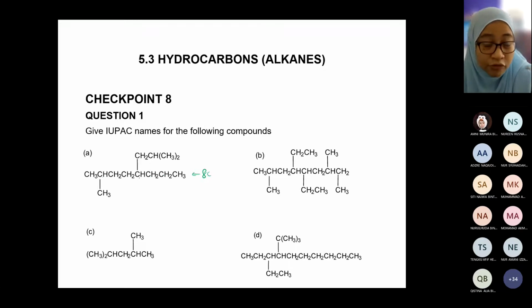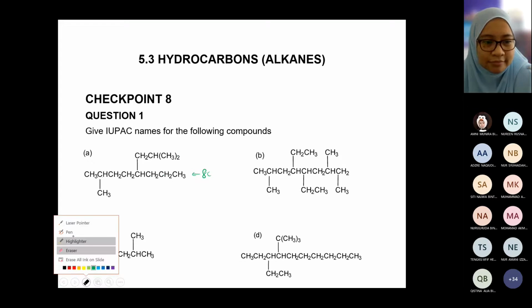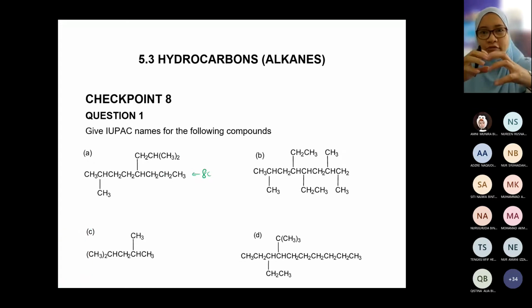Before you go for the naming, I would highly suggest you expand everything, at least for the carbons. Because you may not see the substituents when they are in bracket form like this. So I would highly suggest you expand. There's no need to expand the hydrogens to show their bonds, not necessary to go that far. Like this. So this CH3 is attached to this carbon, right?